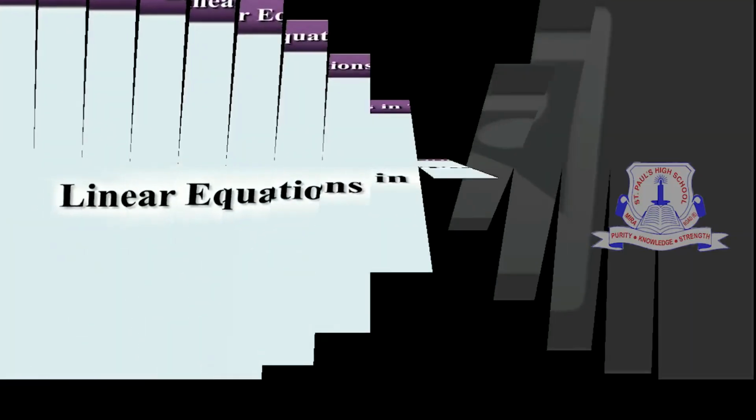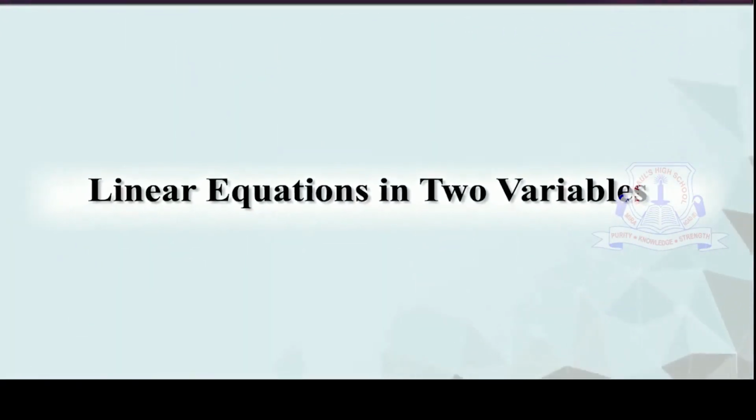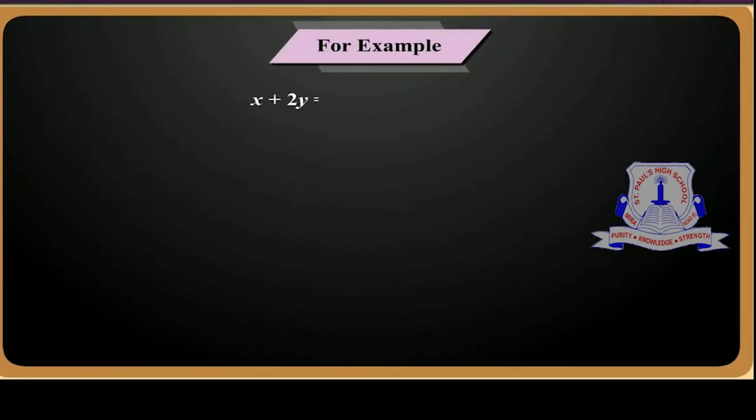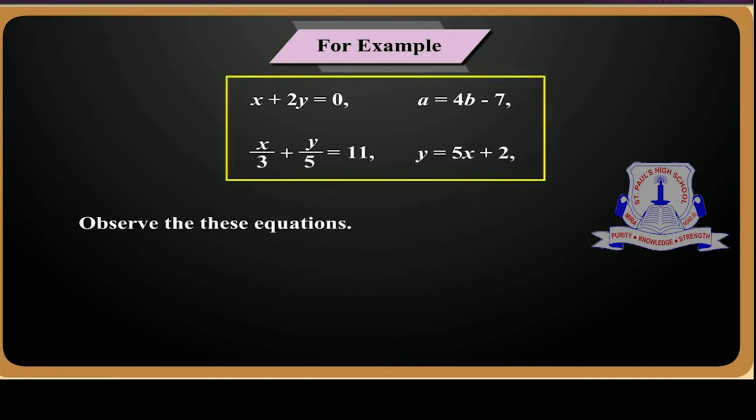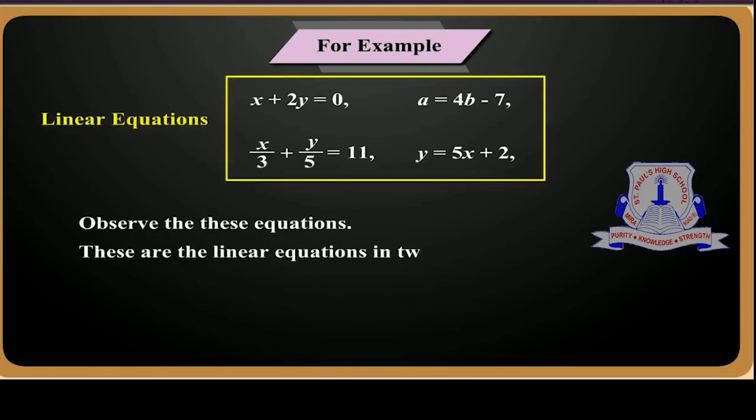So, let's see what is a linear equation in two variables. Some equations are written on the screen. x plus 2y equal to 0. a equal to 4b minus 7. x upon 3 plus y upon 5 equal to 11. y equal to 5x plus 2.